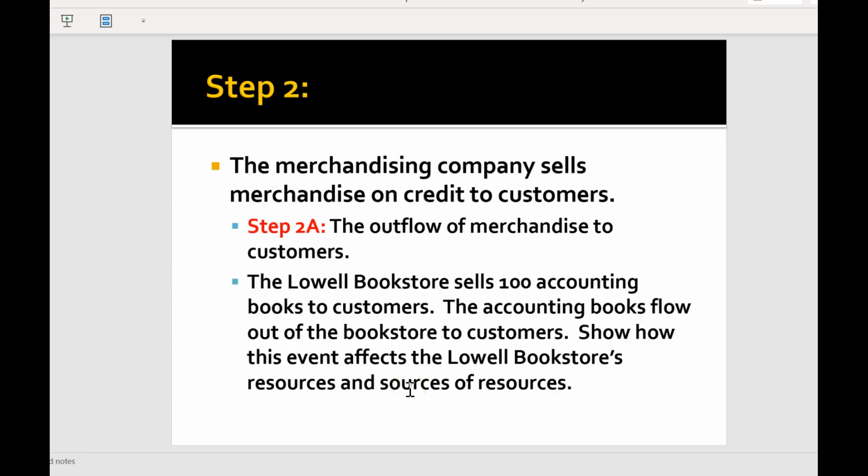In step 2, the merchandising company sells the merchandise to customers on credit. So Lowell Bookstore sells these 100 accounting books to customers for some amount of money. In step 2A, the first part of step 2, we record the outflow of these merchandise inventories.